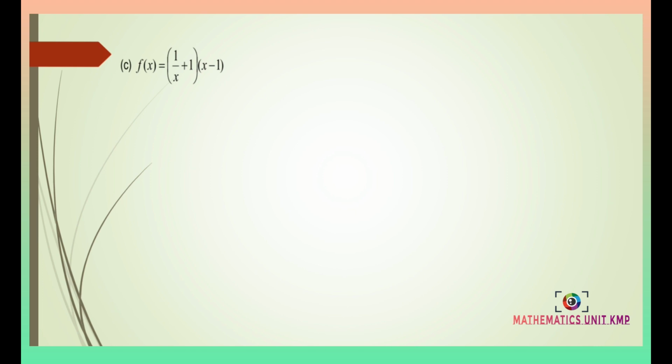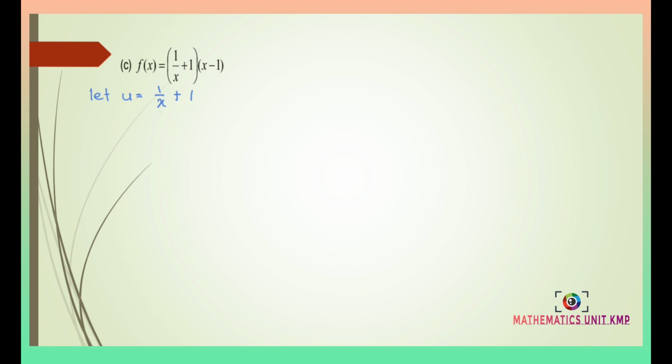Next, this is the final question for the product rule. Given the question is f(x) equal (1 over x plus 1) times (x minus 1). Also the same as the previous example. First, we let u be 1 over x plus 1.